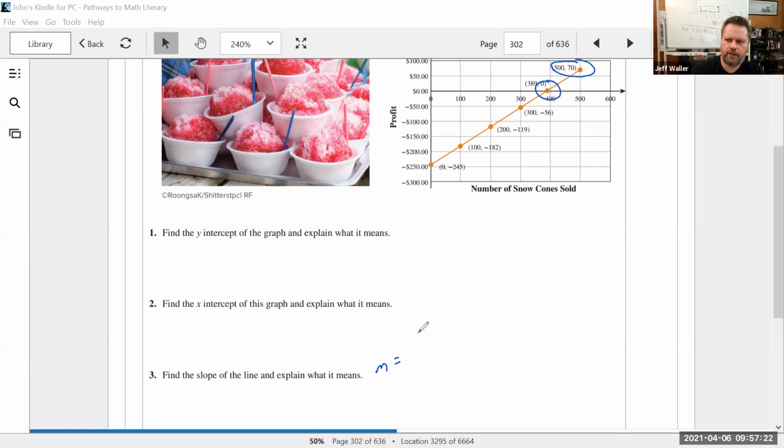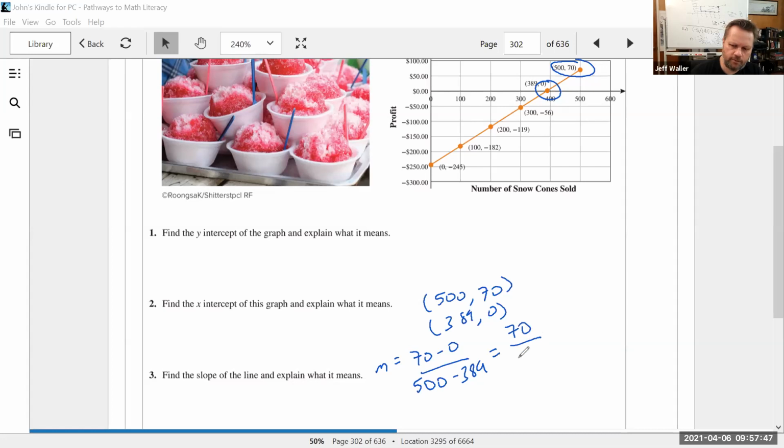So let's see. If I do that, let me write them here. I could do 70 minus 0, divided by 500 minus 389. I like it. So you get 70 over 111, right?